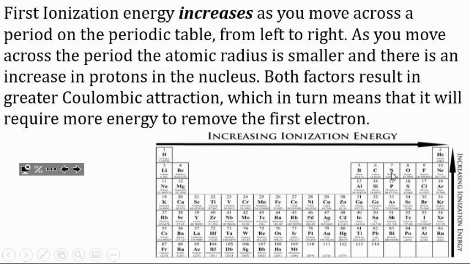Here you have 5 people watching over you, 6, 7, 8. By the time you get over here, it's almost impossible to get away with anything. So as you move across, you're adding more effective nuclear charge, more protons pulling on that outer electron, preventing it from getting pulled off.